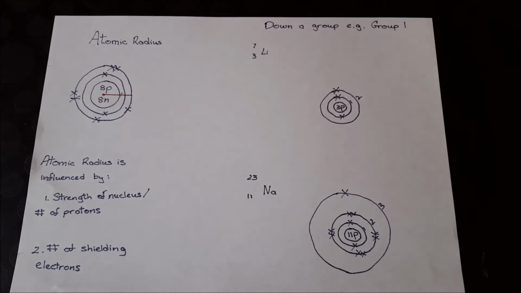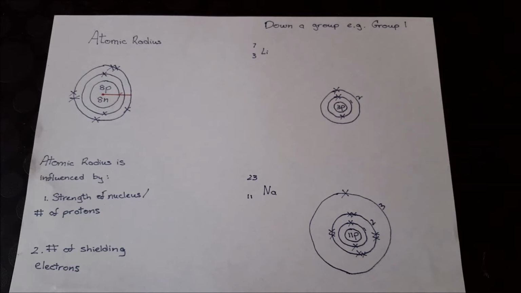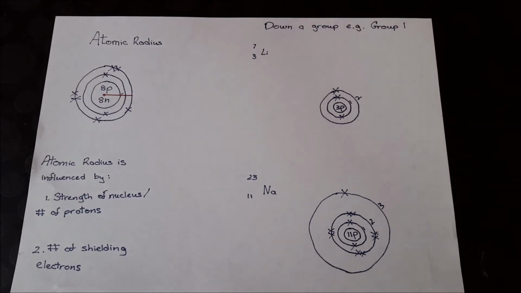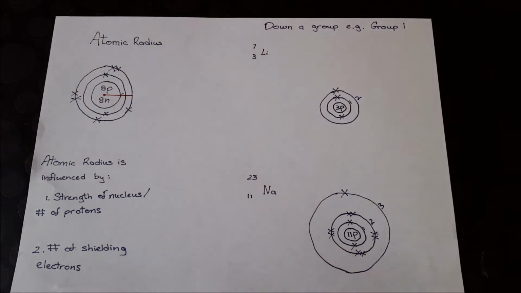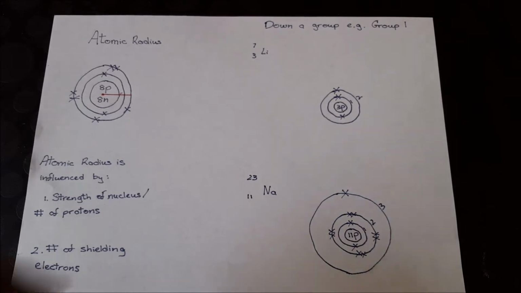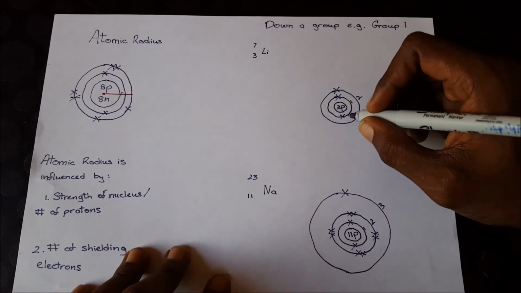Go figure. But not only that. What happens in the case of lithium and sodium is that you actually increase the number of shielding electrons as well. So not only do you add a completely new electron shell, but you increase the number of shielding electrons. In the case of lithium, there are only 2 shielding electrons.